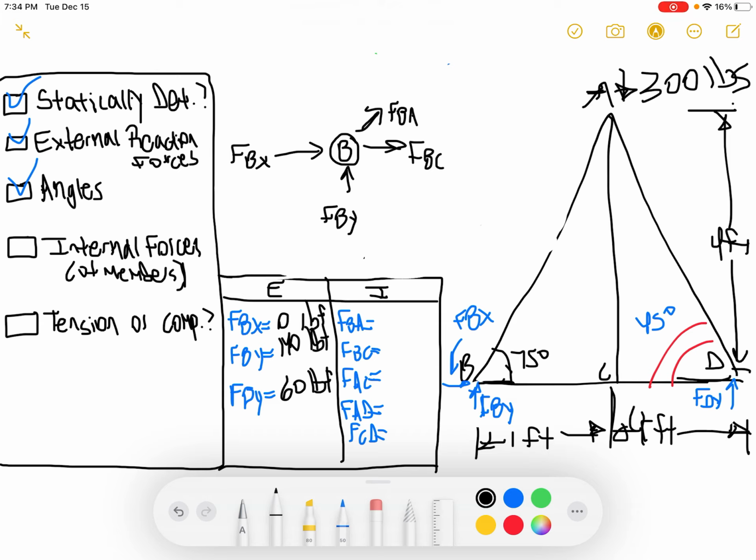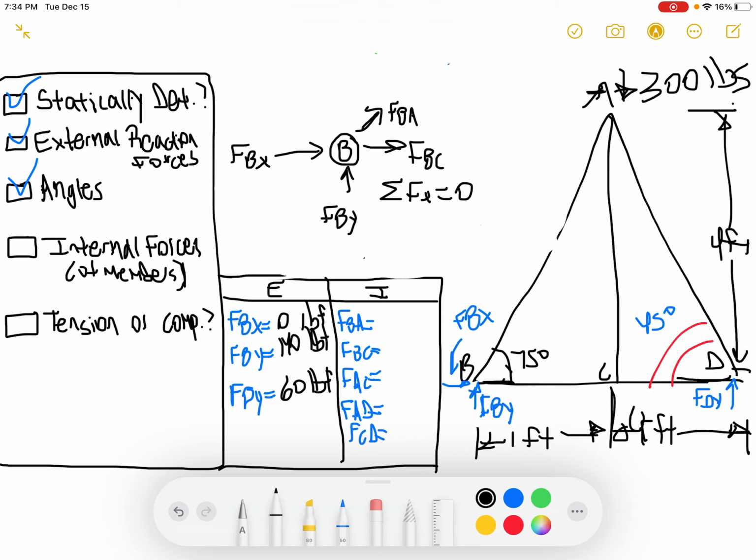We can use the same equations that we used for external forces to do this. We'll start out with the sum of the X forces. That means all the ones that are pointed to the left or right are going to be added and set equal to 0 in order to find them.